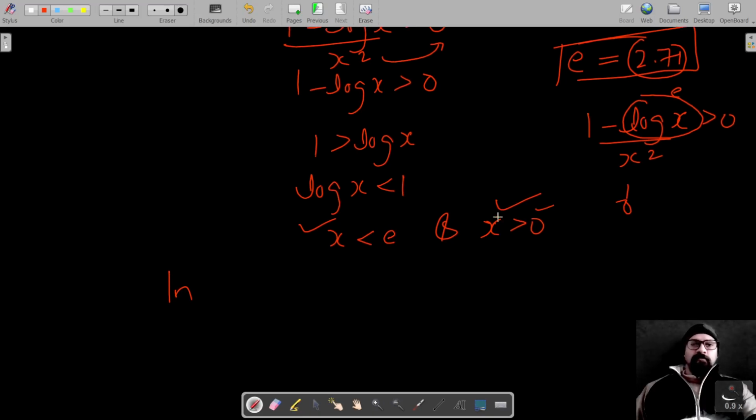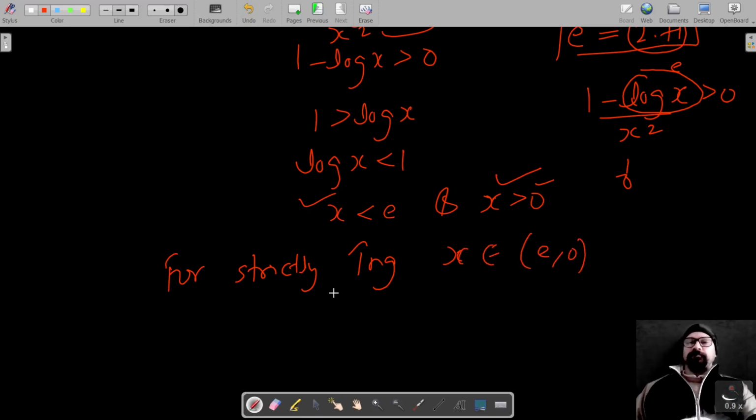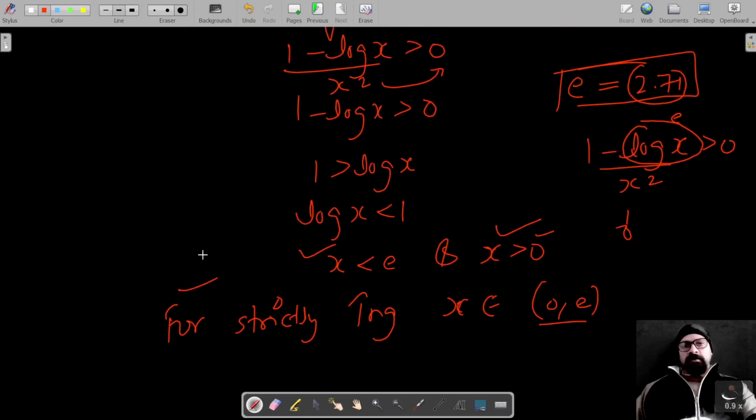So it should not be equal to 0 and should not be equal to e. So for strictly increasing, x belongs to the open interval from 0 to e. In this interval, the function is strictly increasing.